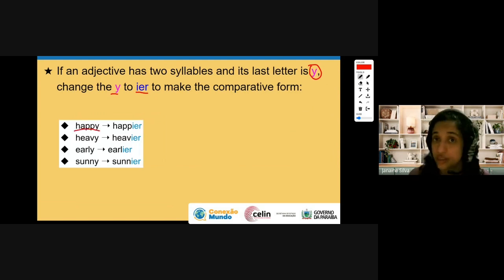The adjective happy ends with letter Y. So what I need to do here is to change the letter Y to I and add ER. So happy, happier. Heavy turns to heavier. Early becomes earlier. And sunny, sunnier. Okay.